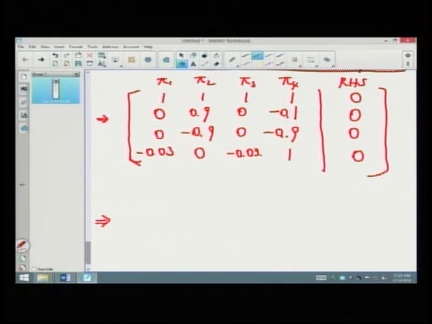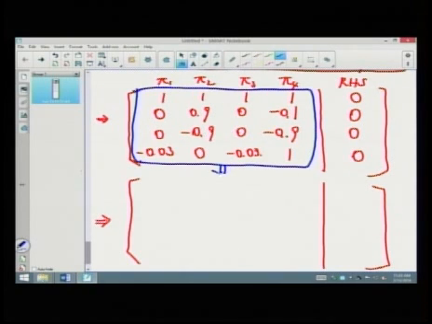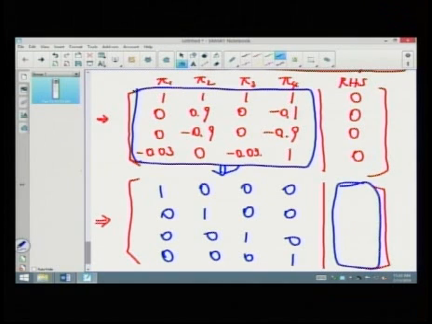And then using elementary row operations, what you need to do is convert the left-hand side of this matrix into the identity matrix, which means you have 1 on the diagonal, and off the diagonal you have all 0. Then you're going to get exactly the same value down here.